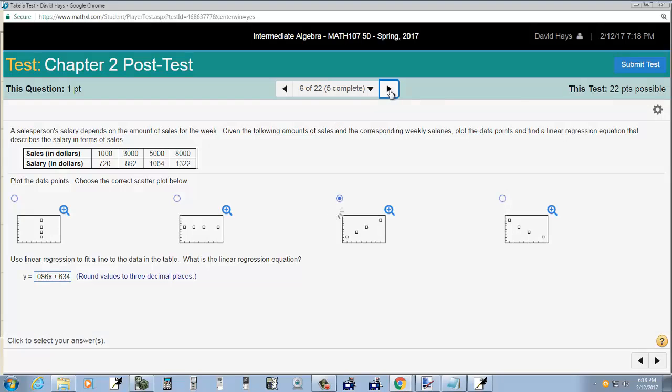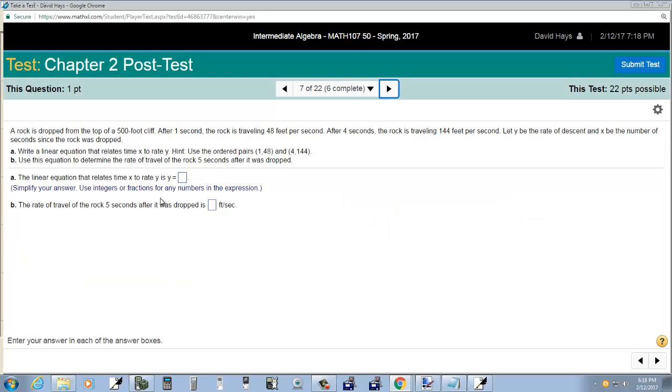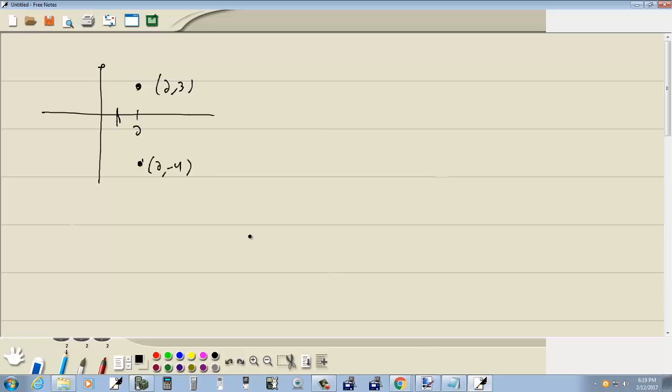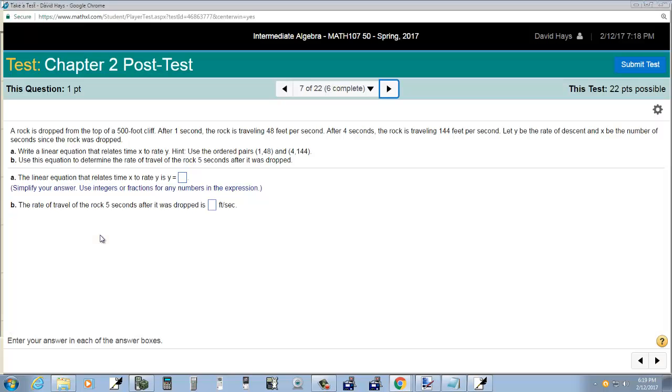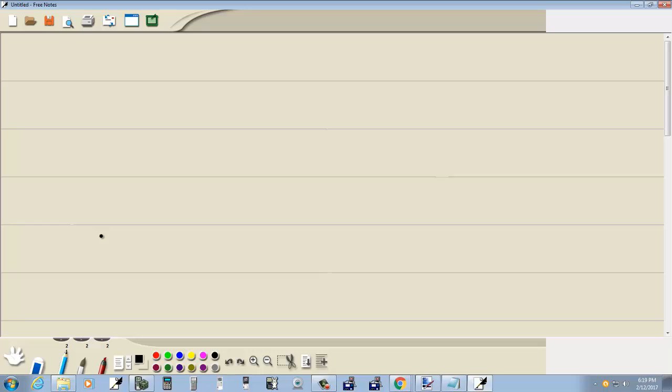Okay, I'll go to the next one. A rock is dropped from the top of a 500-foot cliff.